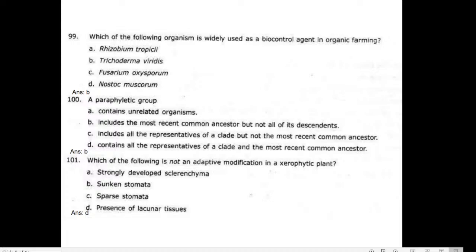They are all in the polyphyletic group. Next, about this paraphyletic group, it has some characters.